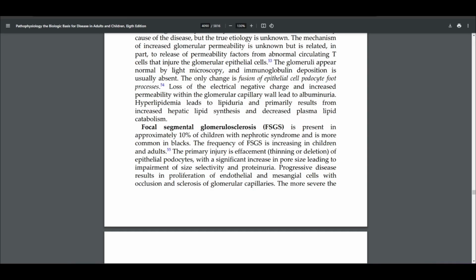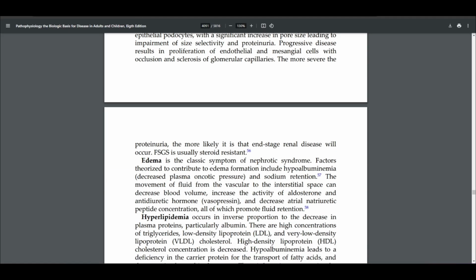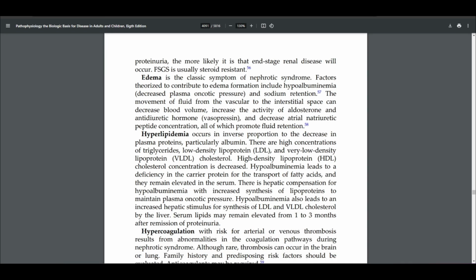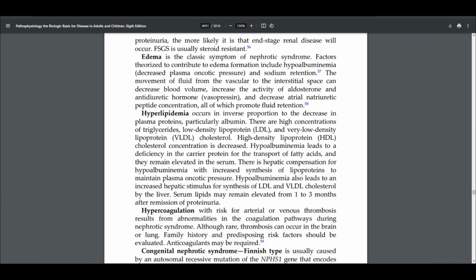Progressive disease results in proliferation of endothelial and mesangial cells, with occlusion and sclerosis of glomerular capillaries. The more severe the proteinuria, the more likely it is that end-stage renal disease will occur. FSGS is usually steroid resistant.